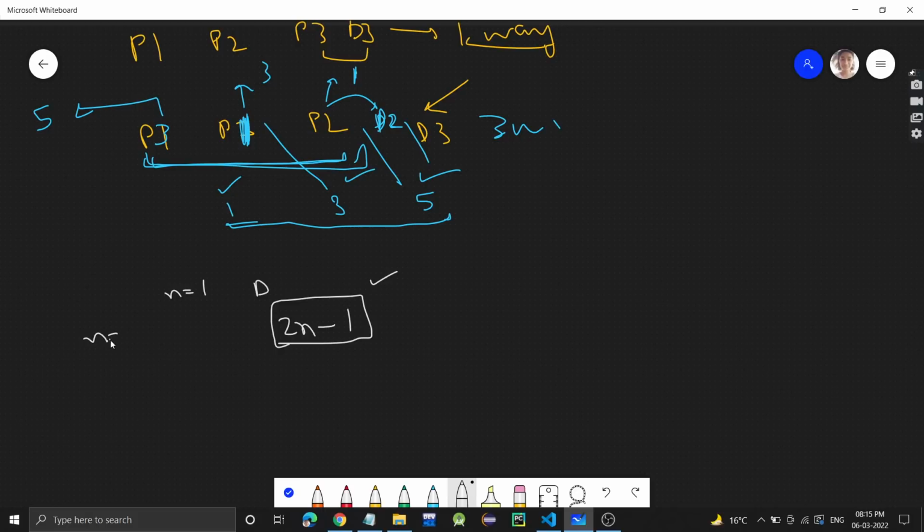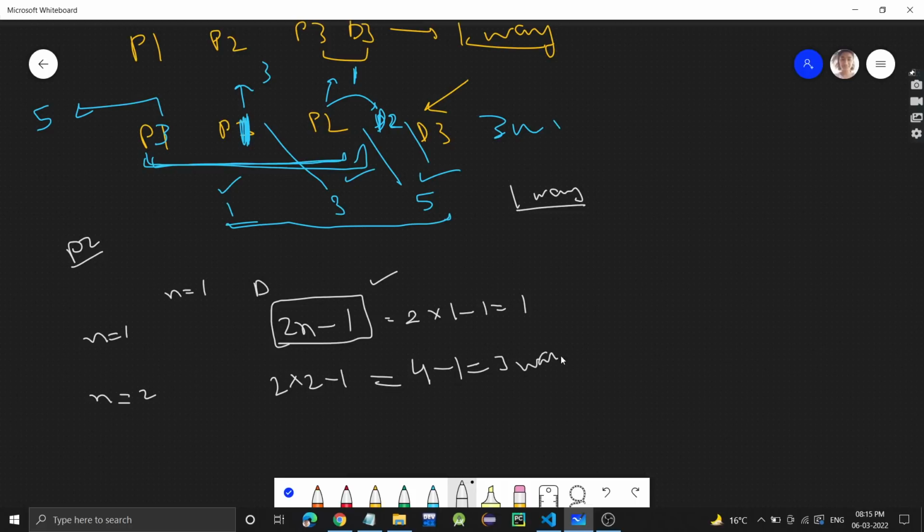If n is 1, then 2 into 1 minus 1 is 1, so first of all we were getting one way. Then when n was 2, that is p2, as we did for p2, it is 2 into 2 minus 1, that is 4 minus 1, which is 3 ways. So there were 3 ways.